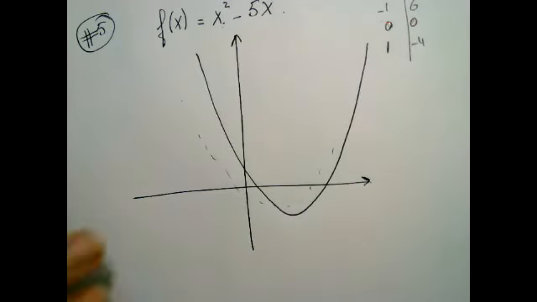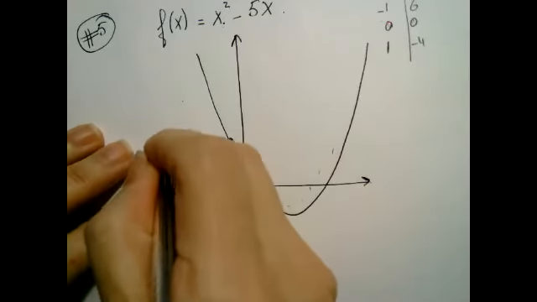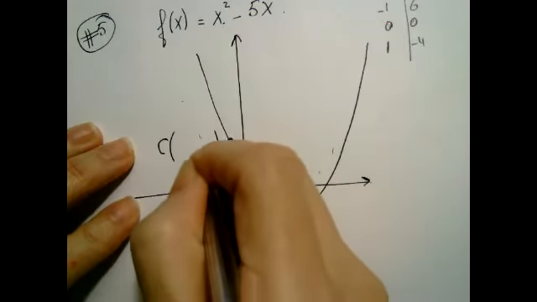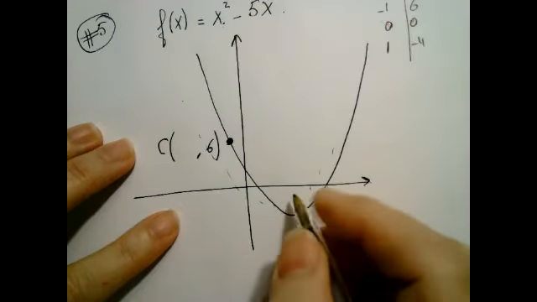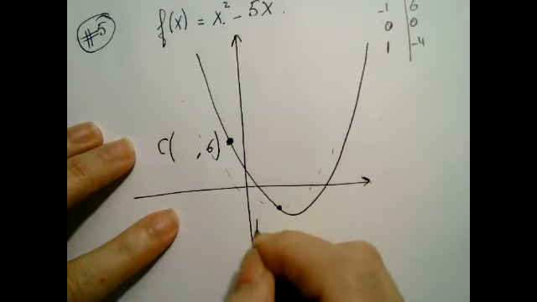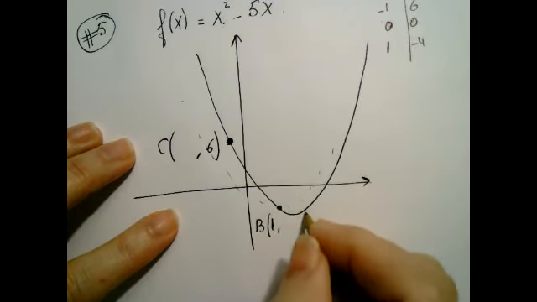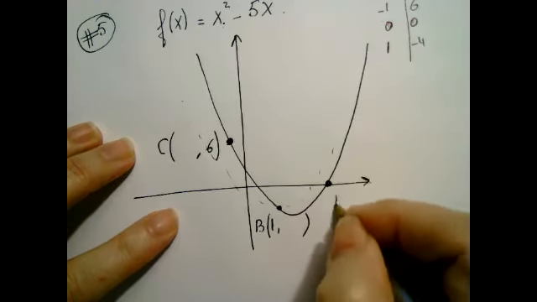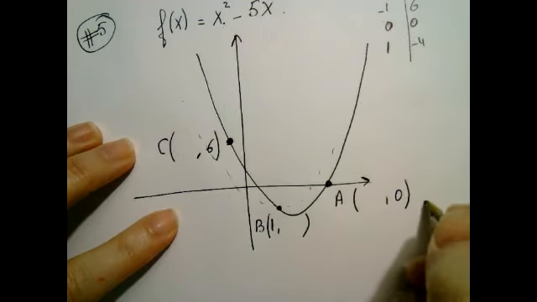And then I picked 3 points. The point here, I called it C, and I gave you 1 coordinate. And then I picked another point down here. It's B, and I gave you another coordinate, but I didn't give you the second one. And then I picked this point here, A. Again, I gave you 1 coordinate.